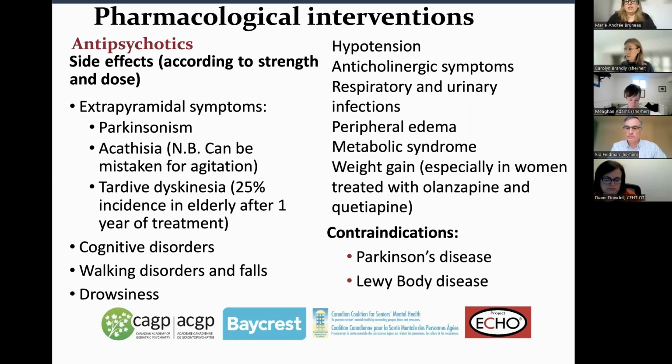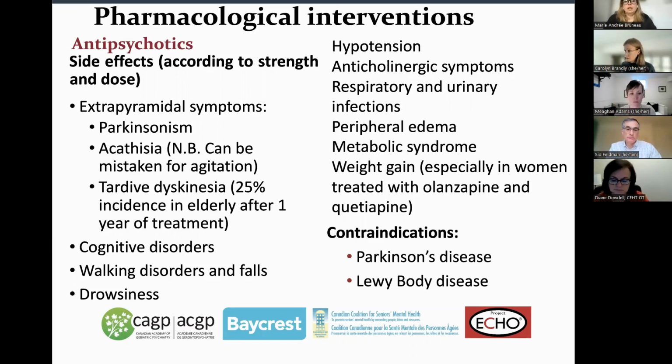Tardive dyskinesia mostly affects elderly patients, elderly women. We talk about 25% incidence after 1 year of treatment. It can be very damaging to patients when it is associated with dysphagia or dyspnea, for example.